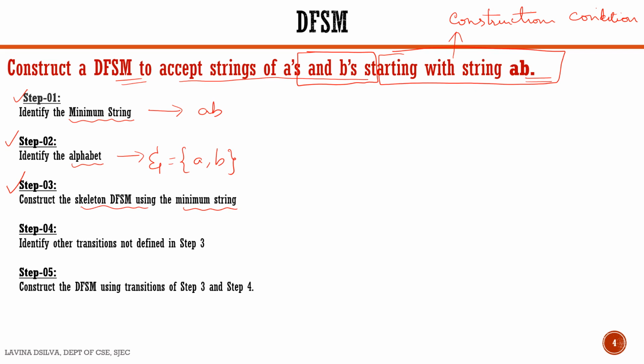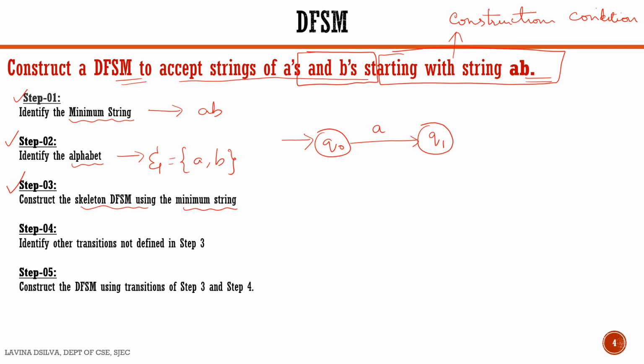Therefore, the DFSM for the string AB, which is identified in step 1, can be constructed as shown below. We have a start state labeled Q0. On state Q0, we input the first symbol, and on receiving A, Q0 goes to state Q1.